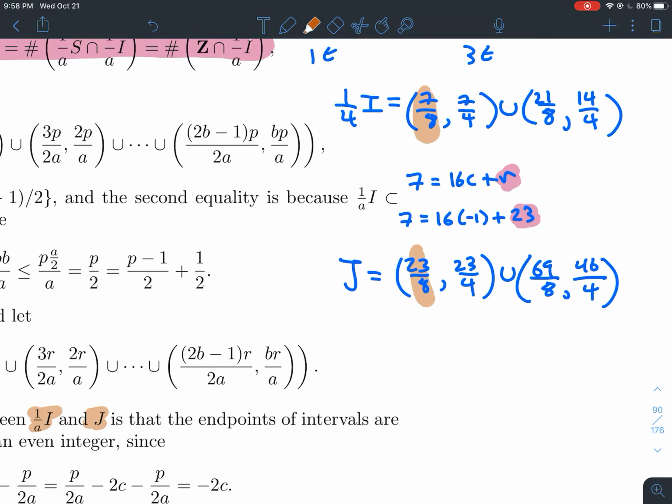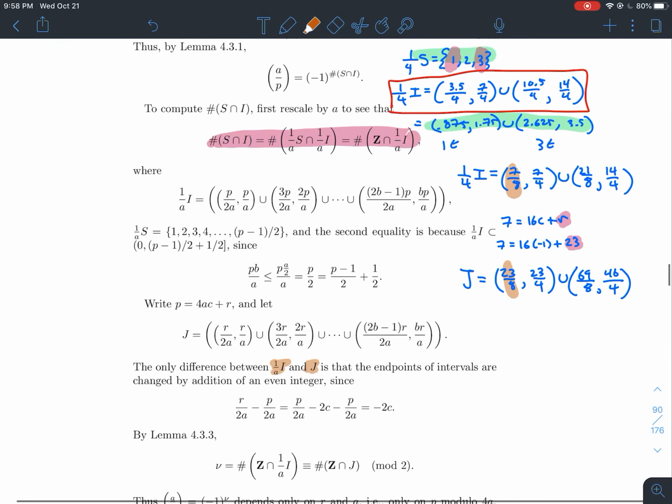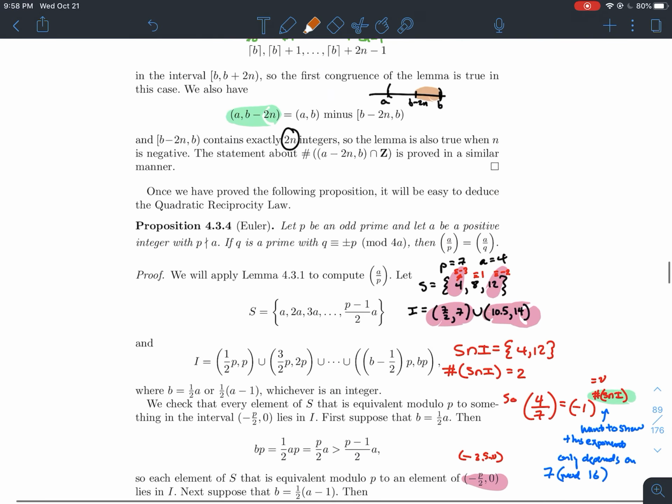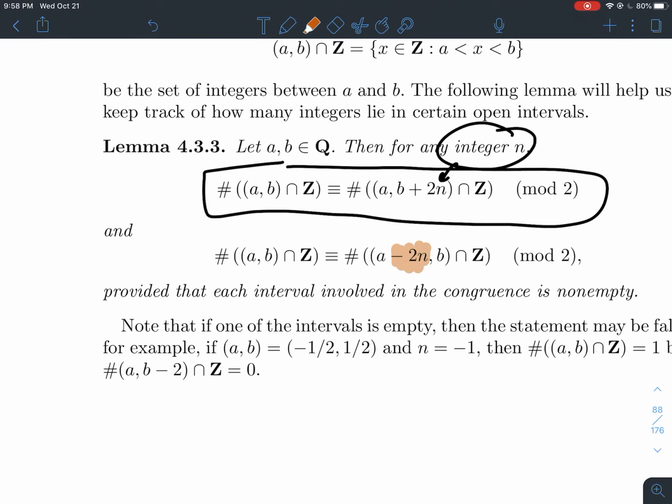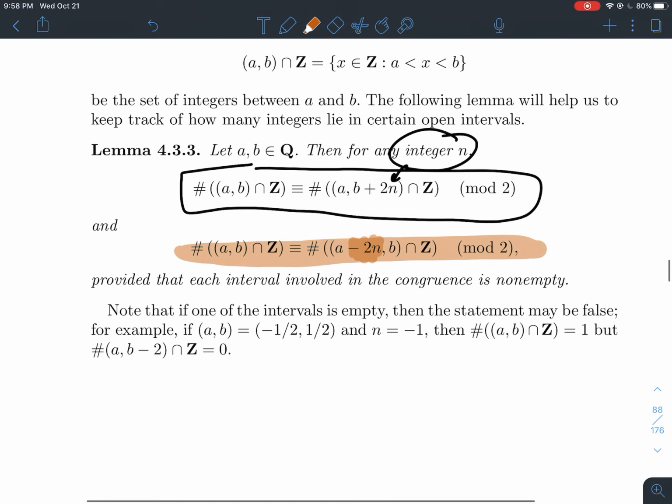So if I'm just adding an even number to the left endpoint, we just got done proving this result that says if you just rescale the left endpoint by an even, that doesn't change the parity of how many things are in that set.